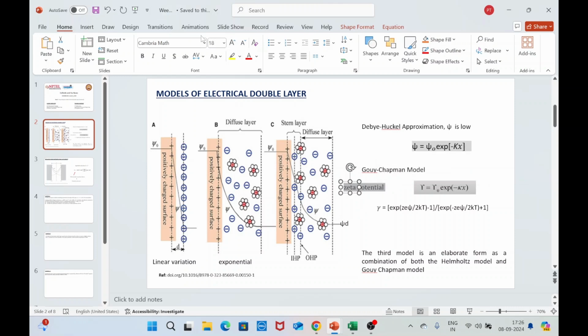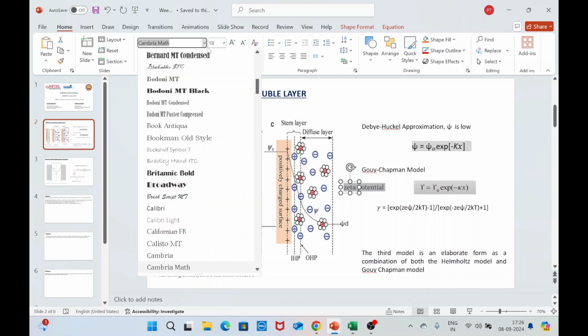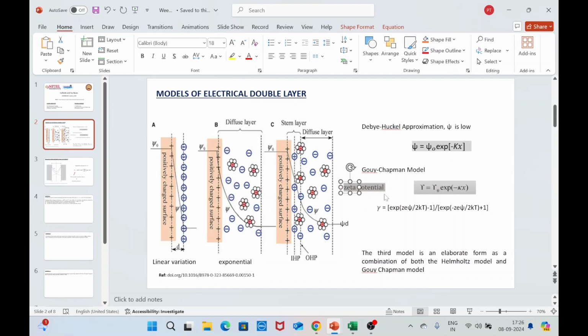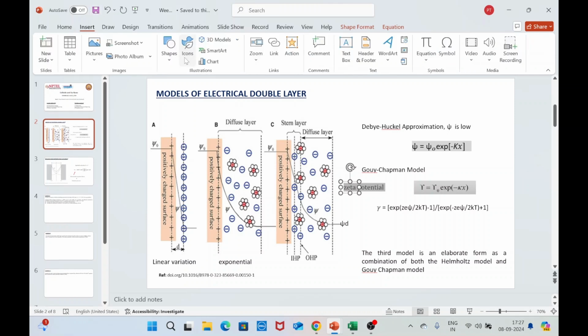But we will be discussing more about this concept of zeta potential in the next live interaction session. For the time being, it is better to just remember that the potential at the position where there is a transition from the Stern layer to the diffusive layer is called the zeta potential.